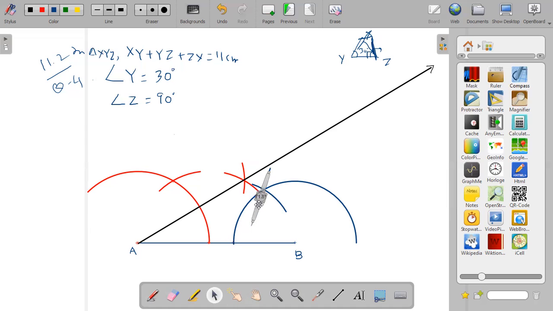Like this, again at this point, you can intersect another arc. From these two points, again, you can go with the same radius to draw an arc here. And now center this point and draw another arc which will intersect this arc. When you join, you will get the 90 degree line.